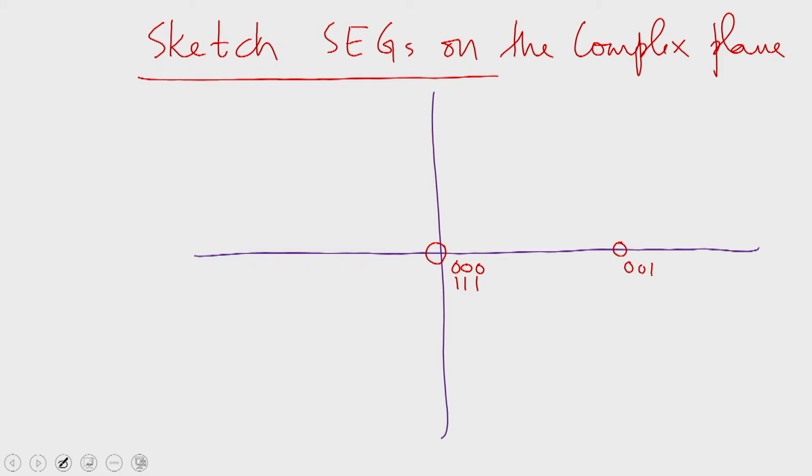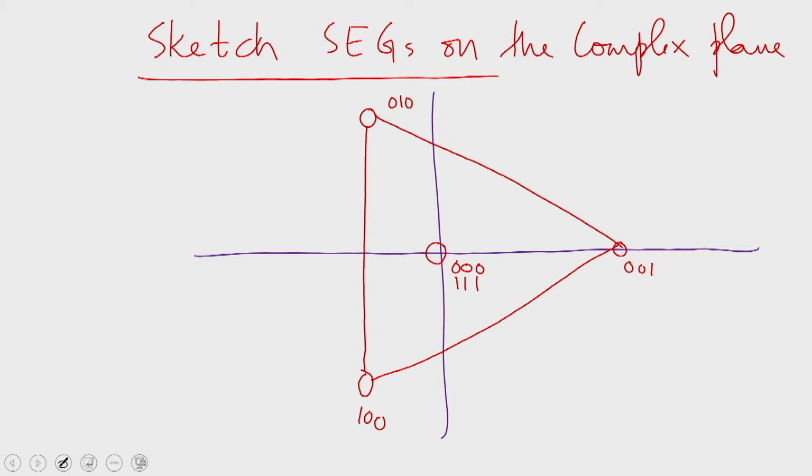When 0 0 1 is rotated anticlockwise by 2 pi by 3 radians, we will get the node corresponding to 0 1 0. When that is rotated by another 2 pi by 3 radians, we will get 1 0 0. And when that is rotated again by 2 pi by 3 radians, we will come back to 0 0 1.